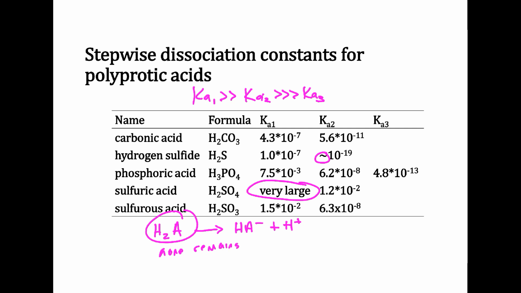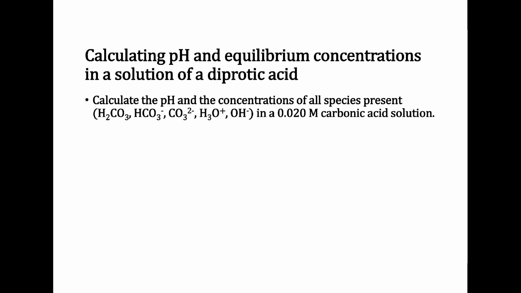Now let's go ahead and try an example. Let's look at a carbonic acid solution. If you recall from the previous slide and example, Ka1 is equal to 4.3 times 10 to the negative 7th, and Ka2 is equal to 5.6 times 10 to the negative 11th.